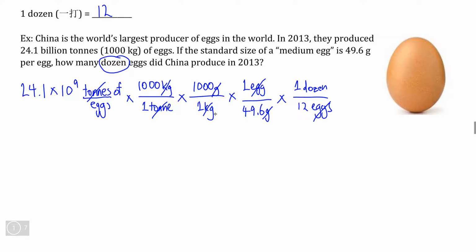If we check our conversion factors, we see that everything except for dozen is cancelled. So we multiply everything together and find our final answer, 4.05 times 10 to the 13 dozen, or 40.5 trillion dozen eggs. That's a lot of eggs.